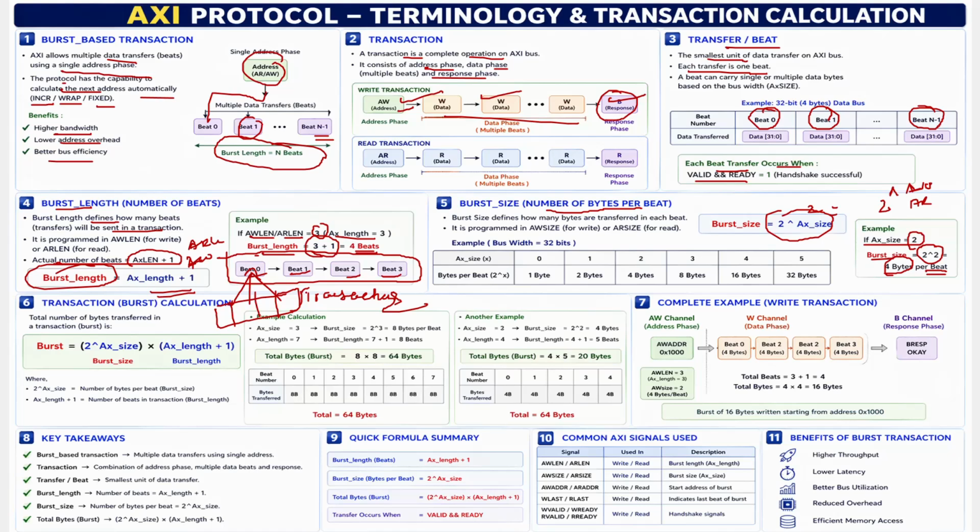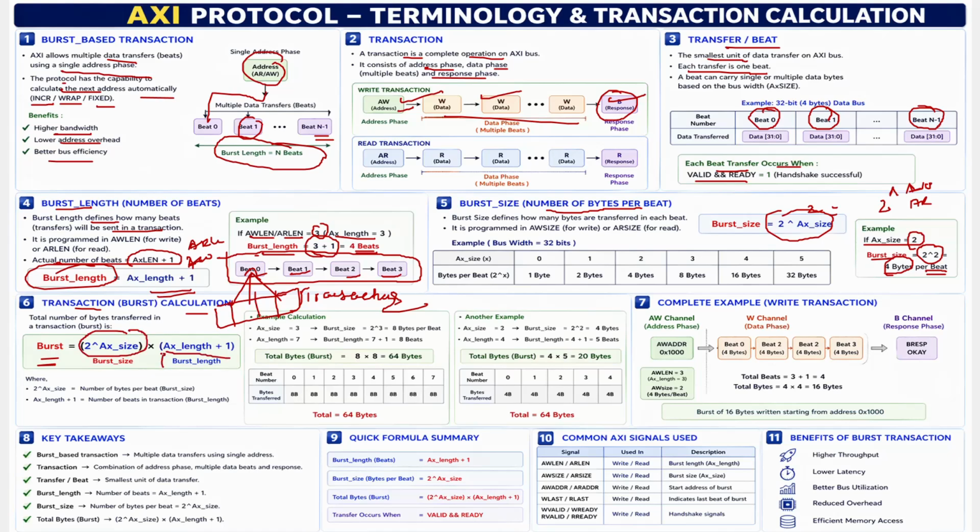Burst length tells you how many beats you are transferring in one transaction. Burst size tells you how many bytes of data are transferred in one beat. Then you can multiply burst size and burst length to get the total transfer. So the transaction calculation depends upon 2 power AW size and AW length plus 1.